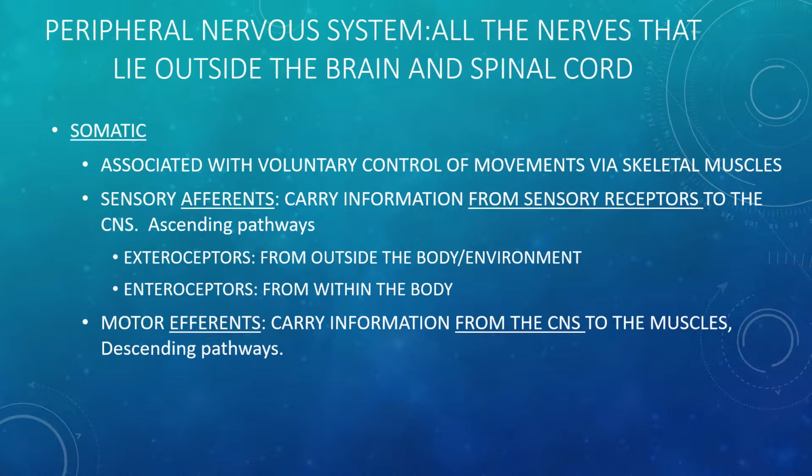And then in the descending tract, that's the motor efferents. And they carry information from the central nervous system out to the muscles so that the person can make an adaptive response or respond to the sensory stimulation it received.